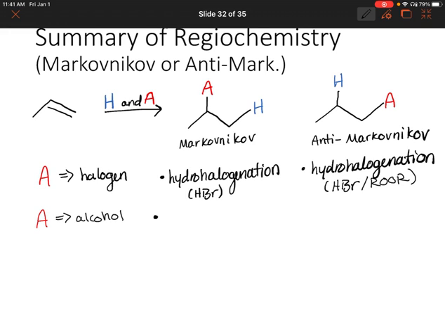And feel free to look through your notes. It's always good to think critically about these things, and that also helps you remember which reactions are which. So if we want Markovnikov addition, where the OH group is on the more substituted carbon, we would use acid catalyzed hydration.